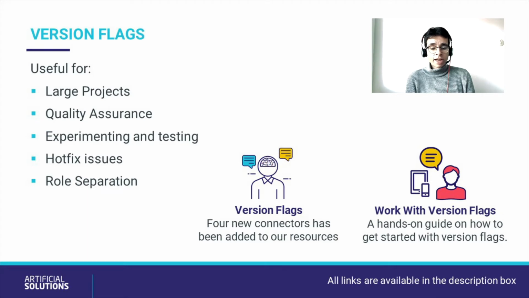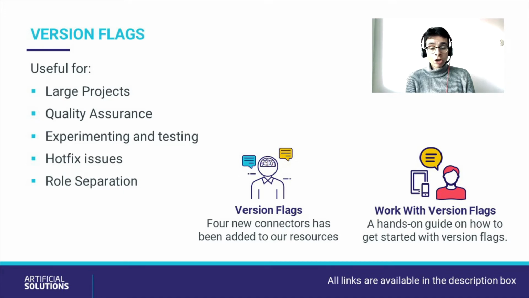So the strongest aspect of version flags is that it works very well with large projects where you can maintain every single process and progress throughout the whole project. It works very well with quality assuring. It works really well with experimenting and testing, as you can test different things in version flags and things that have been set to stable in tryout.